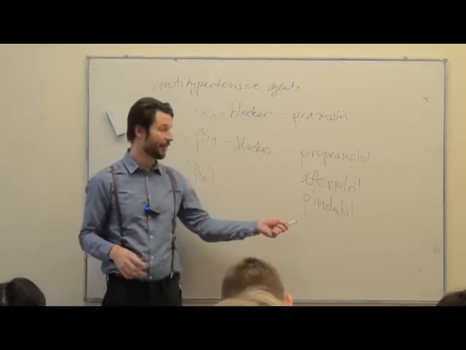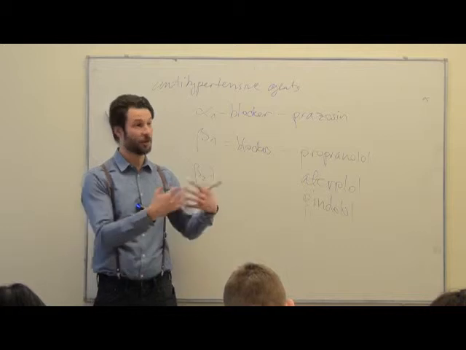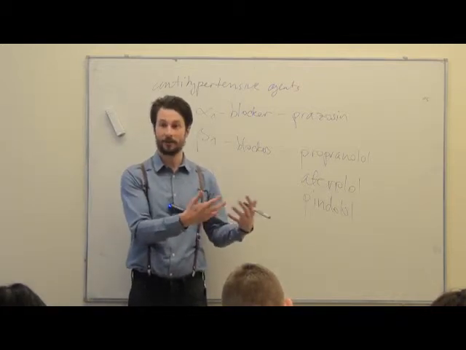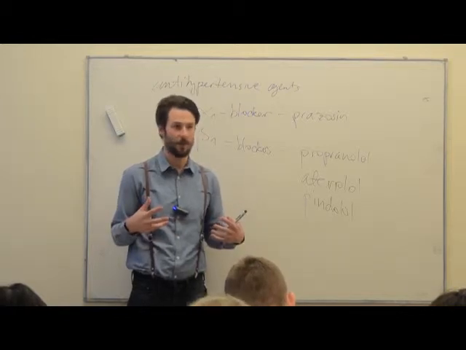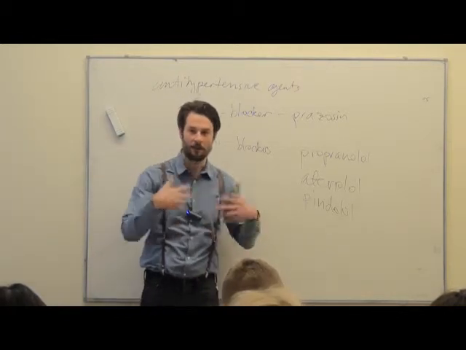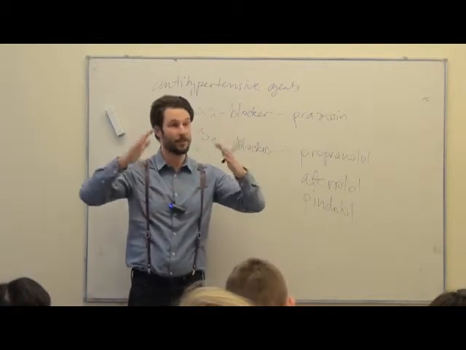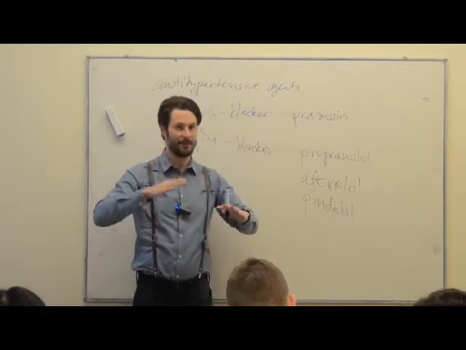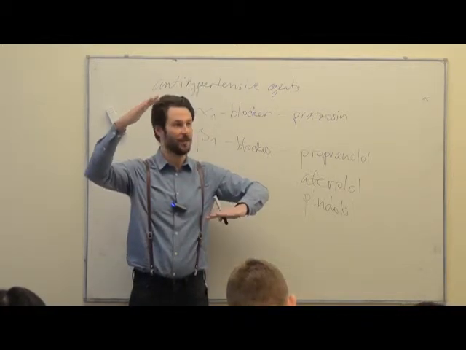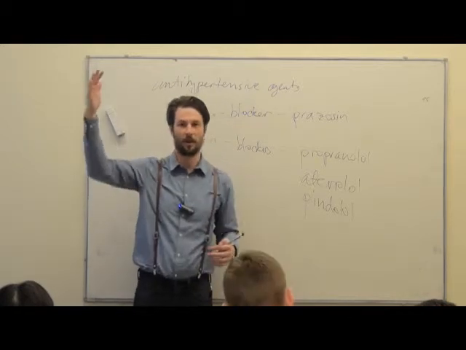That is exactly what we're trying to do with pindolol. Basically, we want to keep a certain stimulation of the heart, even when there is not a lot of adrenaline in the bloodstream. But as the amount of adrenaline and noradrenaline goes up, we want to limit their effects. So what pindolol can do to some extent is decrease the extremes: the too low heart rate and too high heart rate.